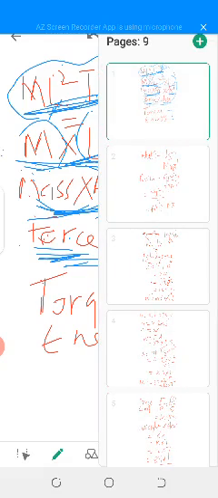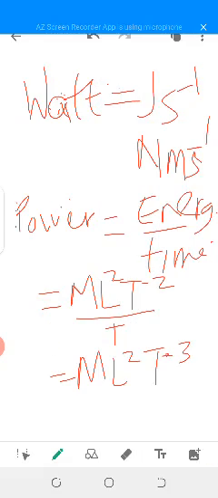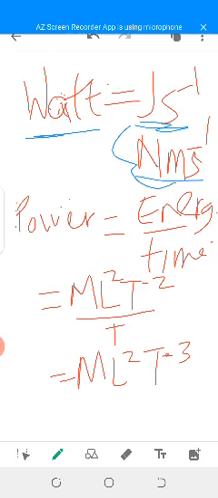Now, watt is joule, that is from work done or energy expended over time. That is why we have this joule per second or Newton meter per second. Don't forget that a joule is a Newton meter, force by distance. So power is energy over time.